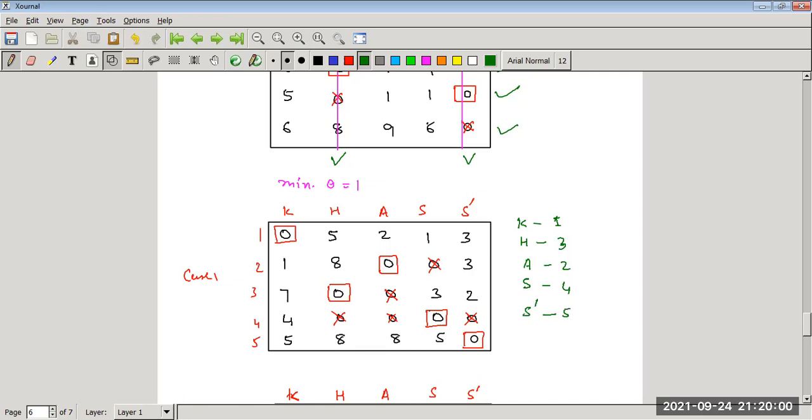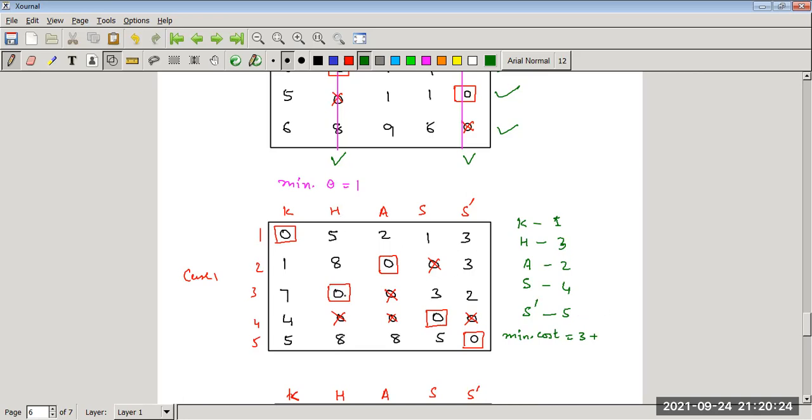We can calculate the assignment cost. Assignment minimum cost is, कोमल को फर्स्ट जॉब असाइन करने के लिए he charges 3 units, 3 rupees or 3,000, whatever it is.